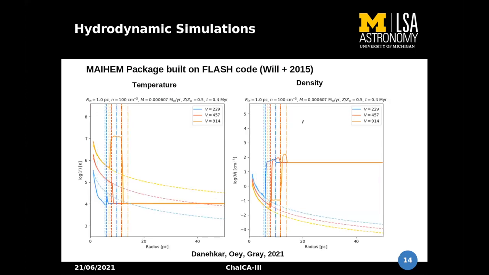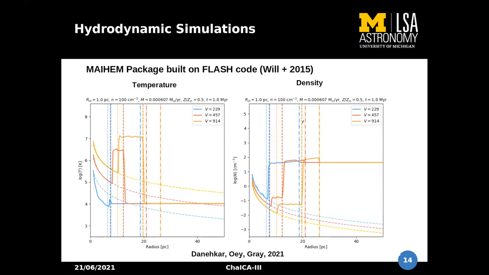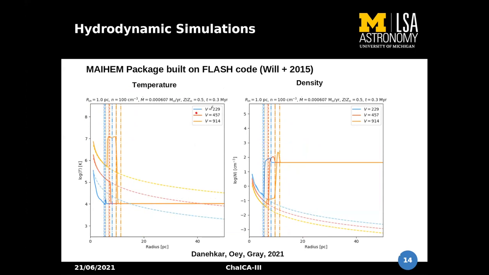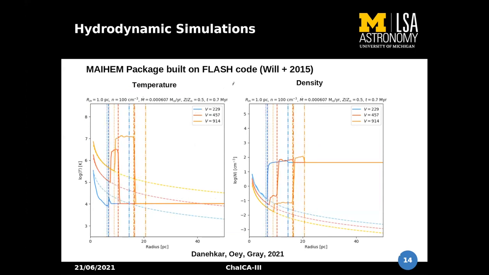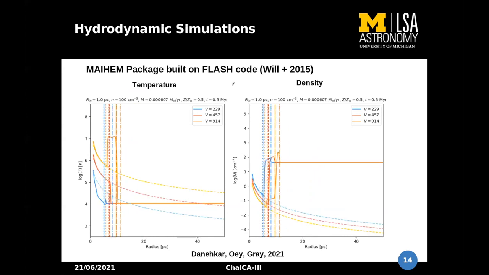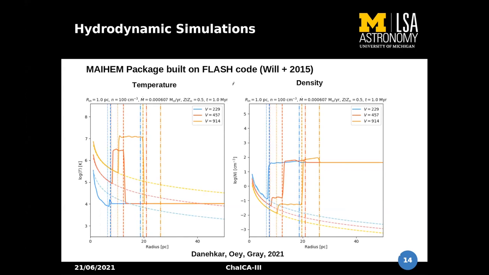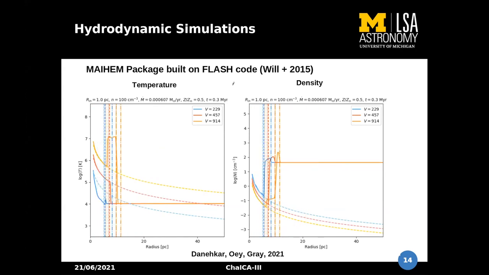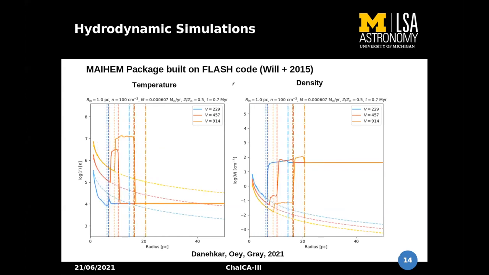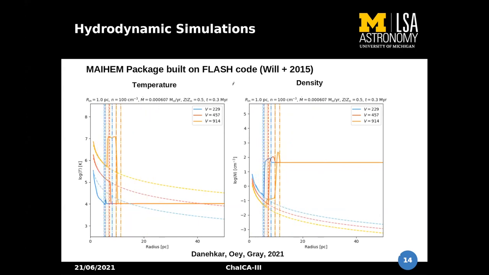And here you see the result of our hydrodynamic simulations. In the blue lines, which have lower velocities, we see the cooling. The dashed lines show what is predicted by the Chevalier and Clegg adiabatic solutions, but the bold solid lines show the radiative solutions.